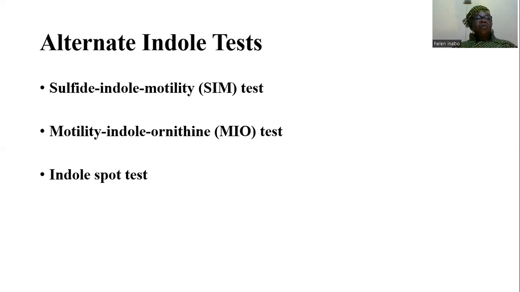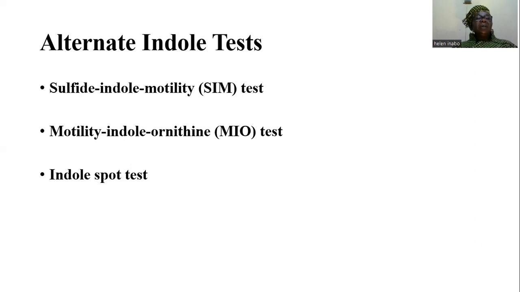The SIM, sulfide indole motility test, is a multiple test which involves testing for the production of hydrogen sulfide, indole production, and motility in the same tube. The red coloration of the upper part of the medium, when a few drops of Kovacs reagent is added, indicates that indole has been produced.